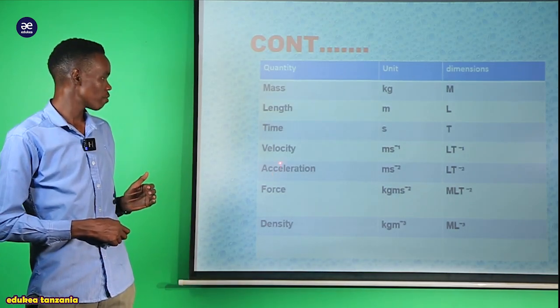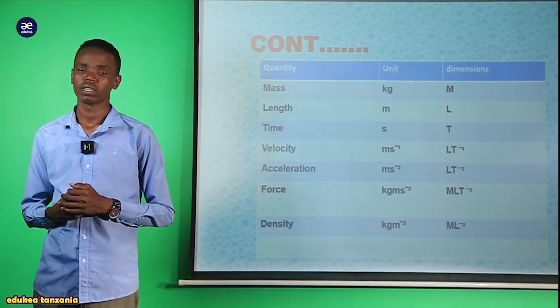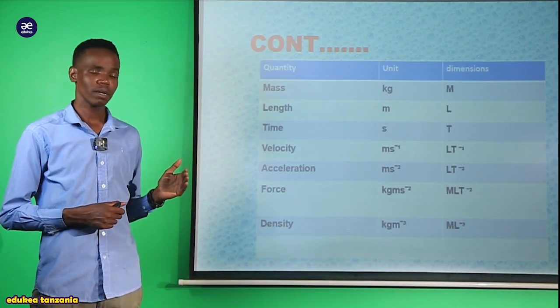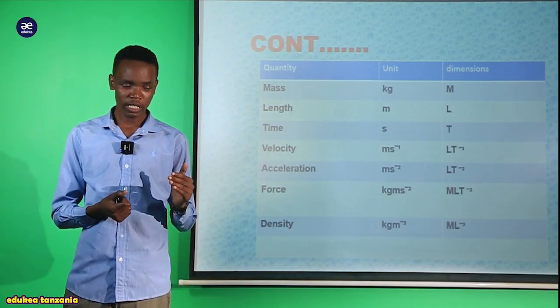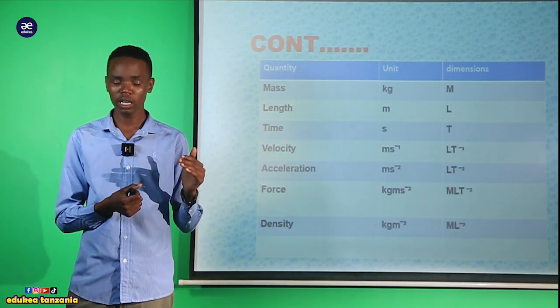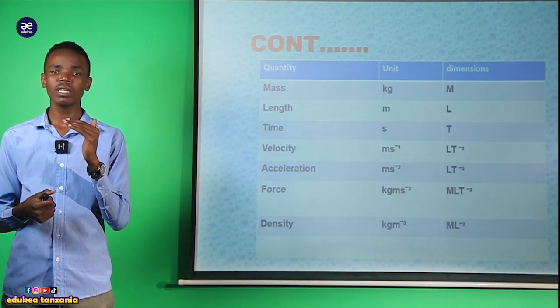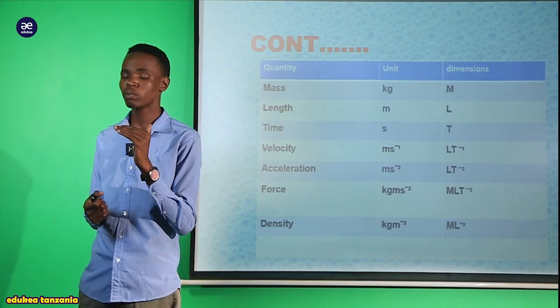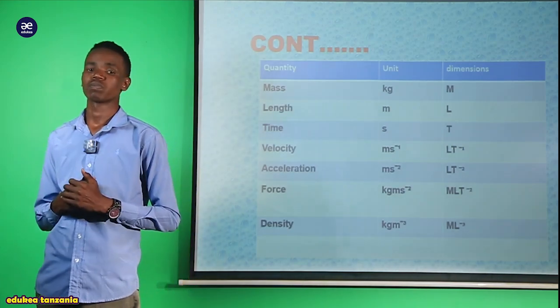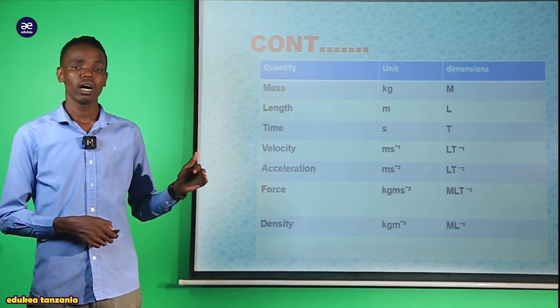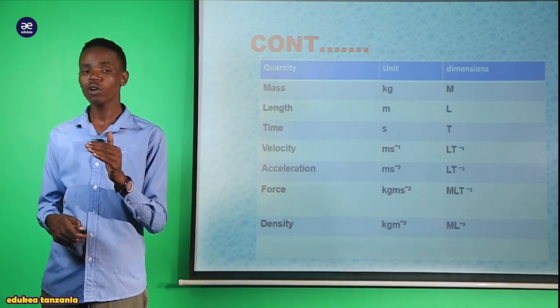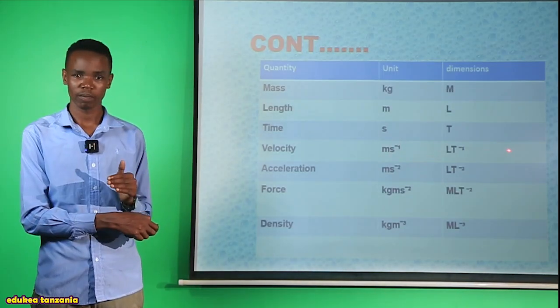But also we have the velocity. This velocity, my dear student, we know that according to the definition we learned on form 2, we said that the velocity can be obtained by taking the displacement per unit time. Ndio maana hapa tumeona the unit of velocity is meter per second.